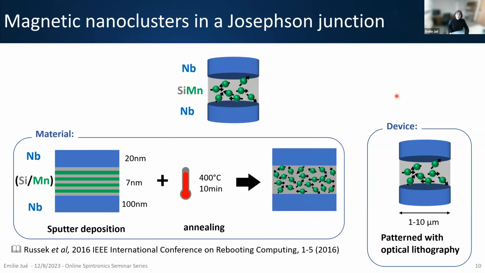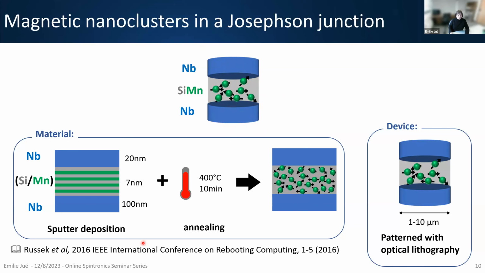Okay, so let's have a closer look at our material. The device that we study has a barrier that consists of nanoclusters of manganese inside a matrix of silicon. This barrier is enclosed between two layers of niobium, which is a superconducting material.